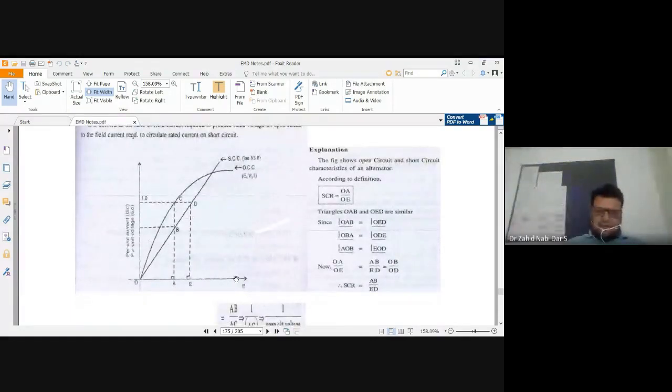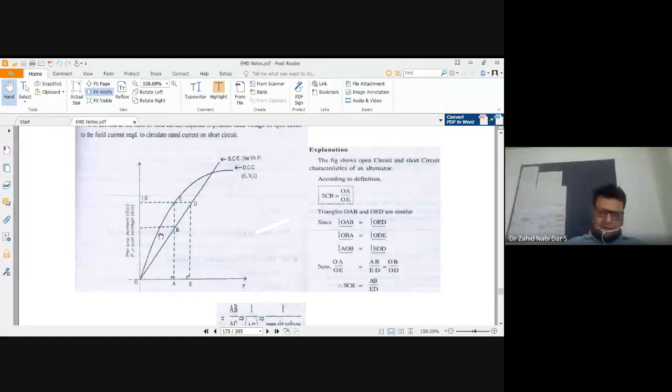So essentially, this is our SCR, short circuit ratio. From the figure, you can see the field current OA is required, and the total field current OE is required. Now you have a triangle OAB, a right angle triangle at A, and another triangle OED. You can see both triangles are similar.